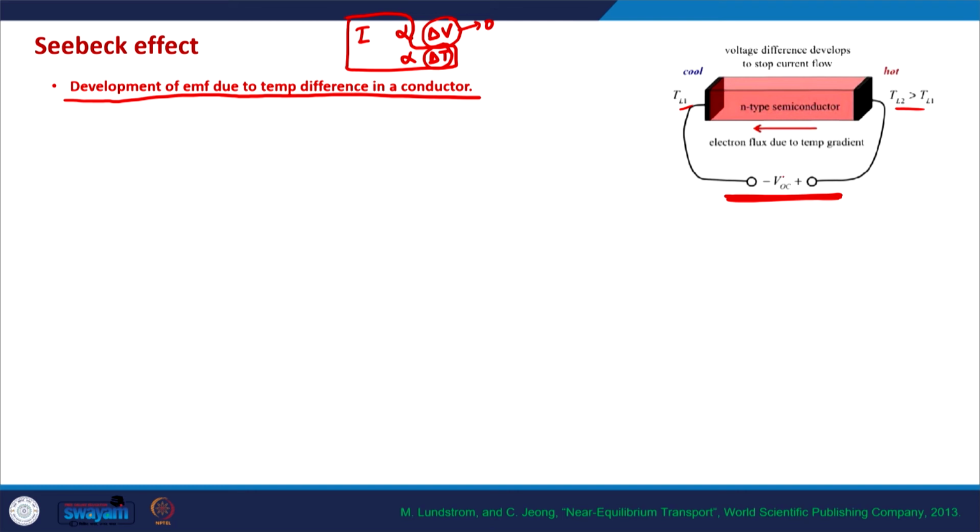And if the semiconductor is open circuited, this flow of electrons will result in an open circuit voltage, which will balance the flow of electrons because of the temperature difference. And that is the root of the Seebeck effect.